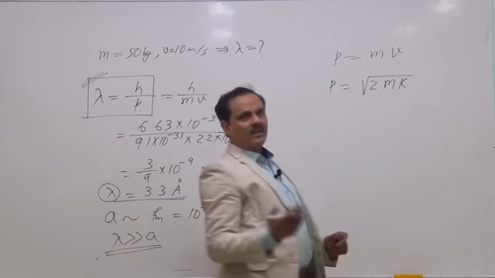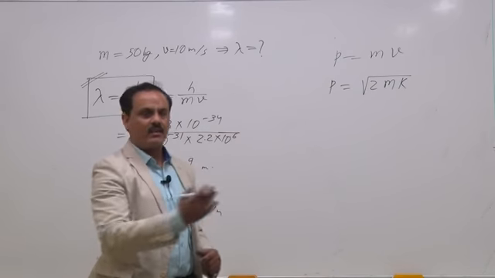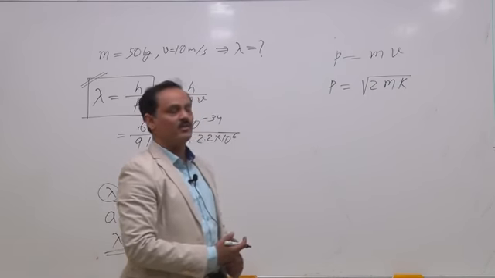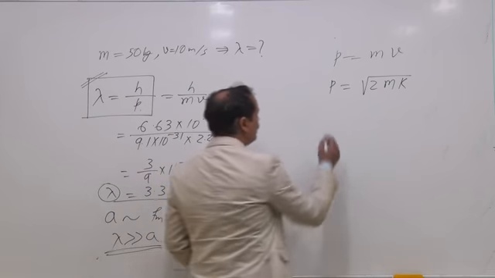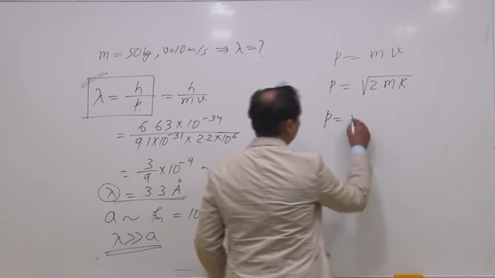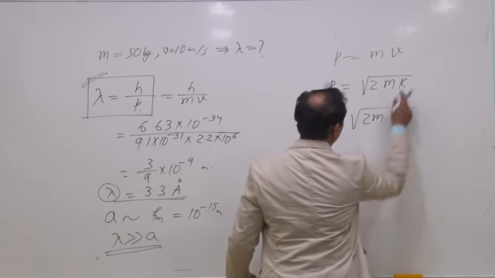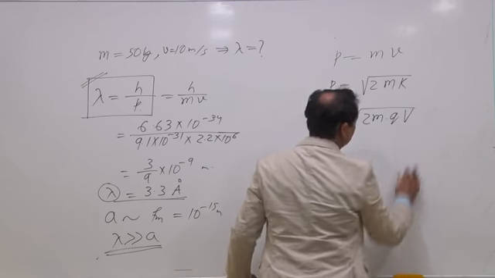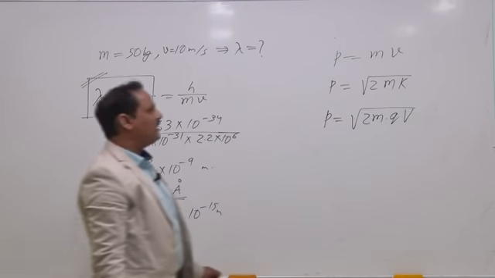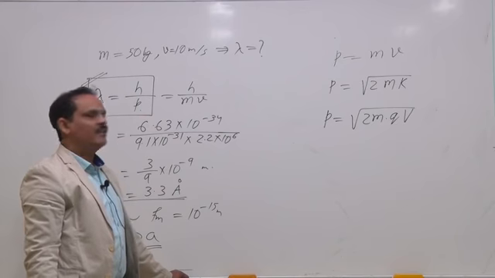If some charged particle is accelerated through some potential difference to gain kinetic energy, for those particles p is equal to under root 2mK, as we said earlier, where K is equal to qV, so that is the momentum.